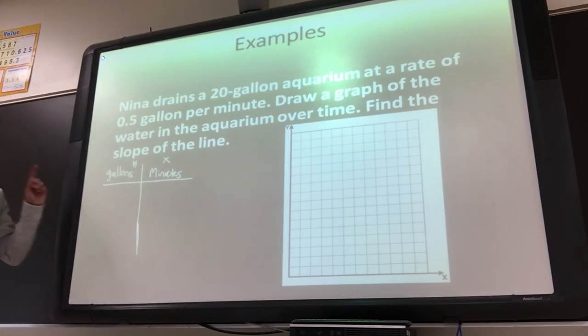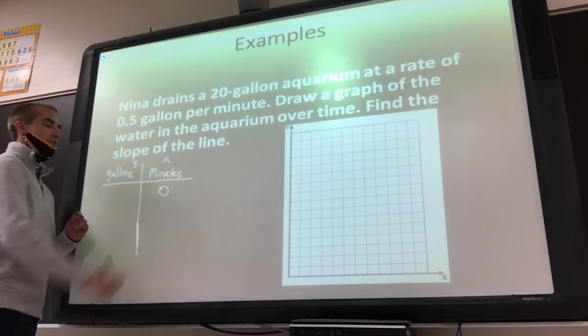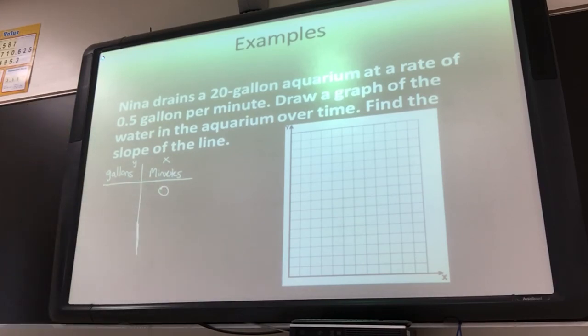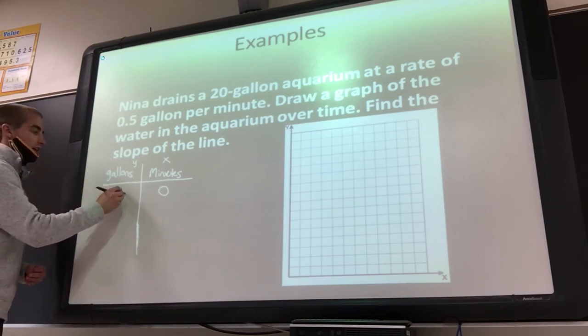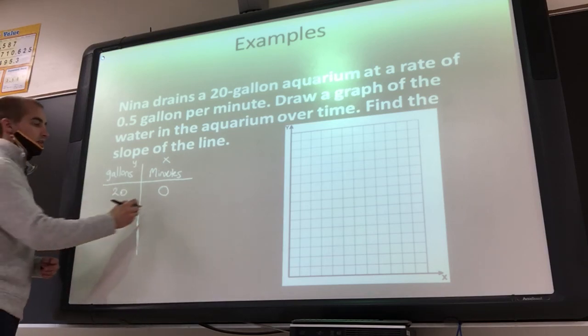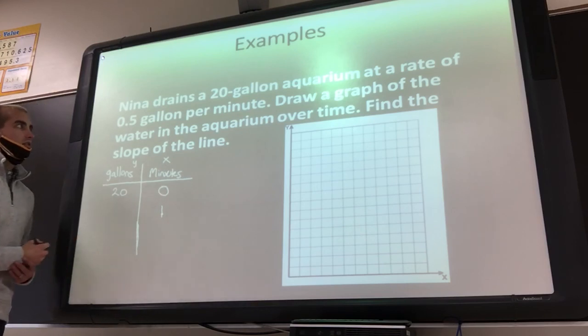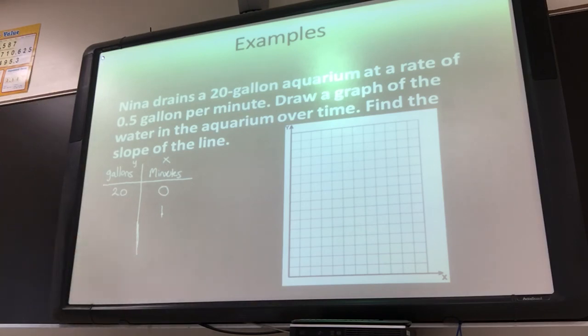At 0 minutes, before she has started draining this, how many gallons are in the aquarium? 20. After 1 minute, how many gallons? Think about draining means what? Taking out.